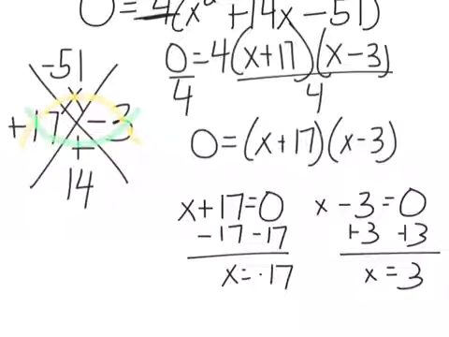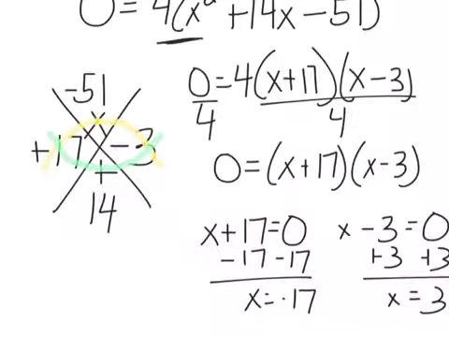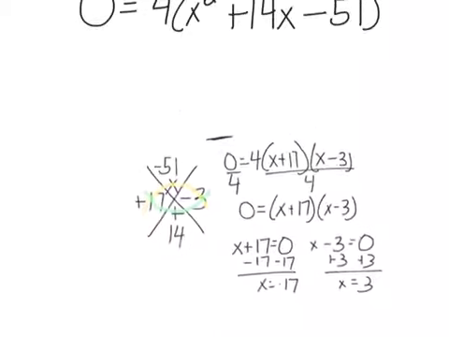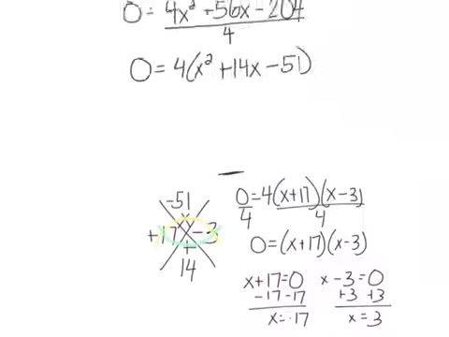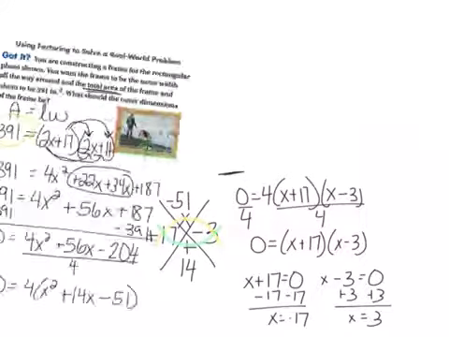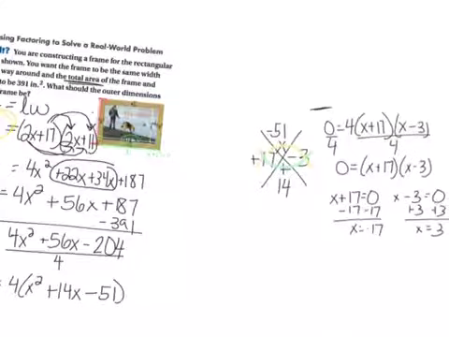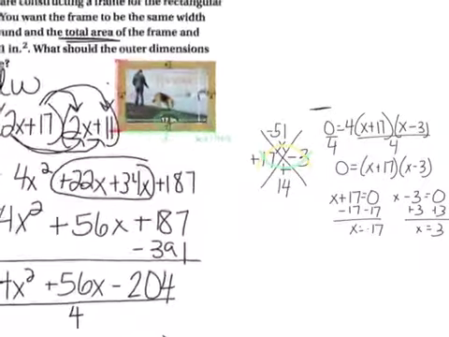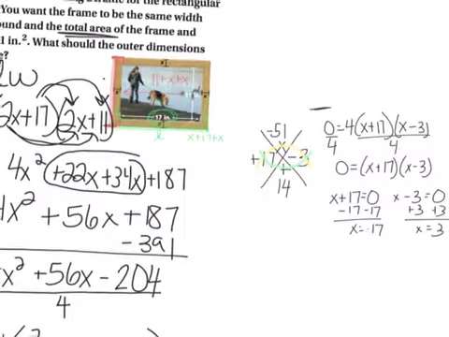Okay? Now remember, in my problem, the x, if I can get it all back on here, the x, I think I'll move it side by side, is actually the width of my picture frame. Okay?